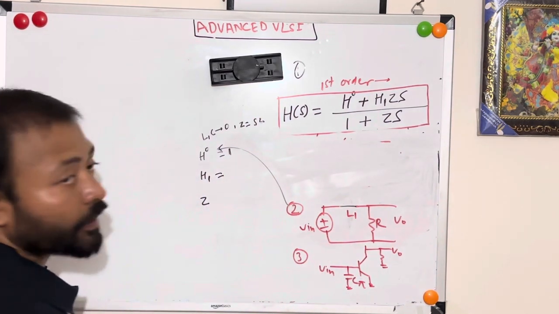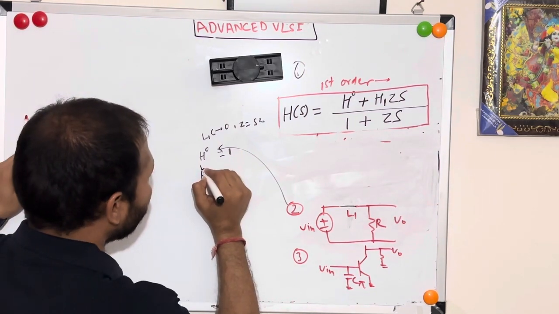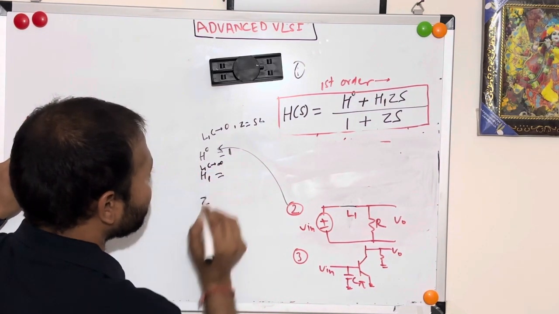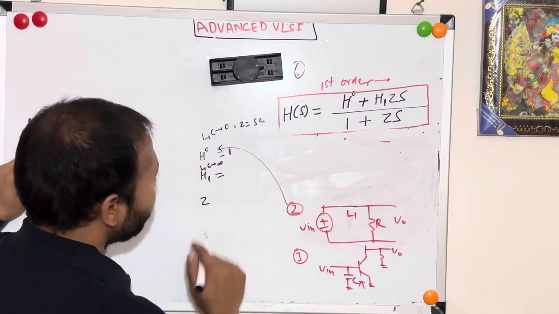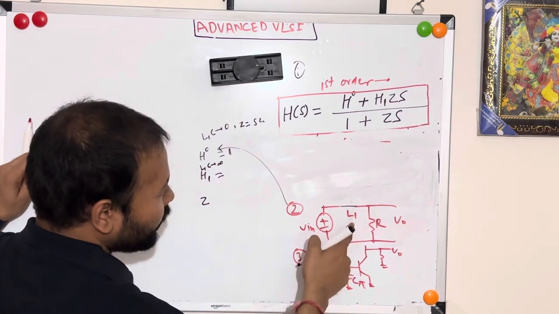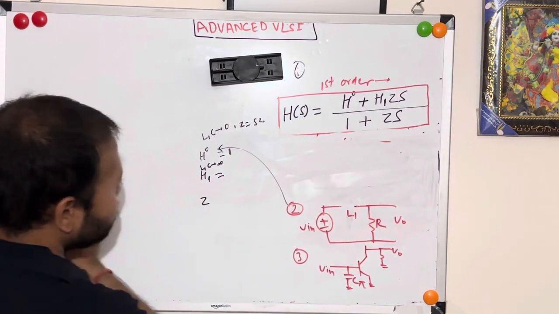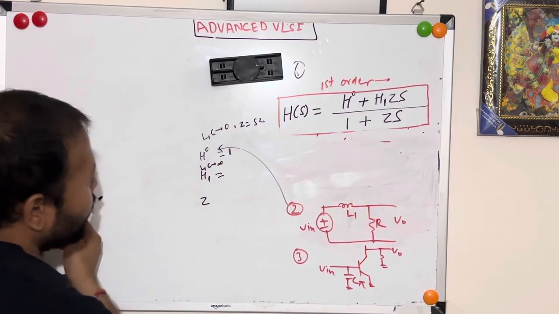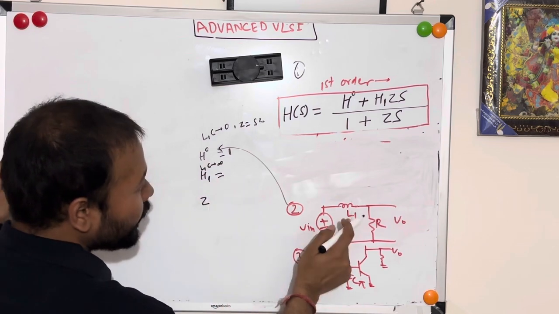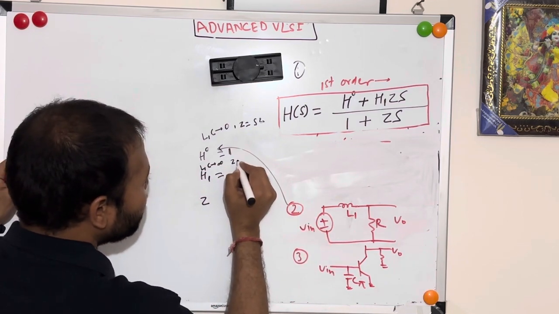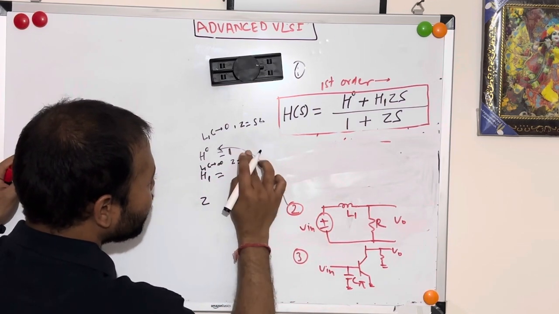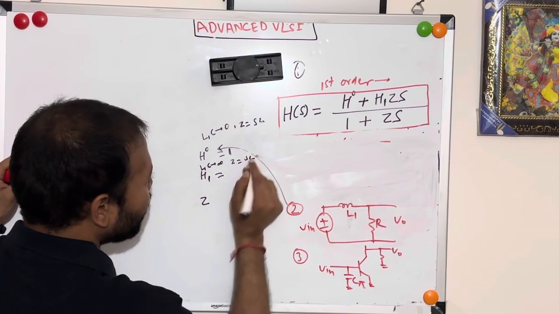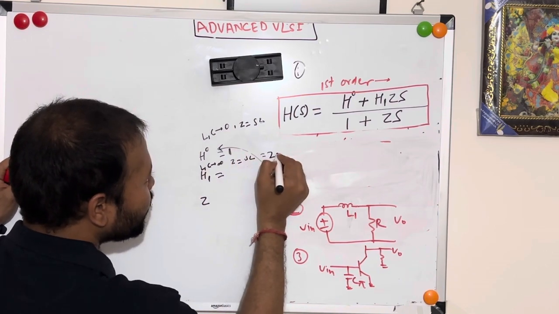What is the H of 1? H of 1 means L and C tend to infinity. Correct? Then here is L. So if I put L is equal to infinity, then impedance is equal to SL, and L infinity means Z is equal to infinity.